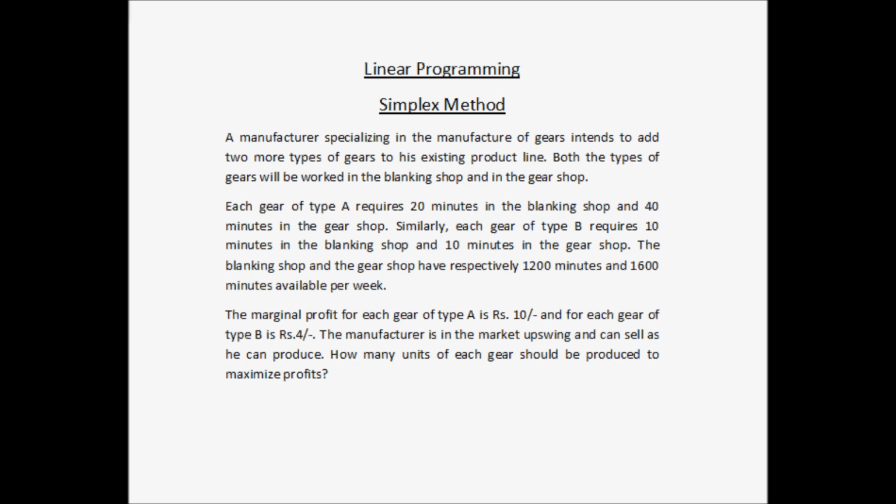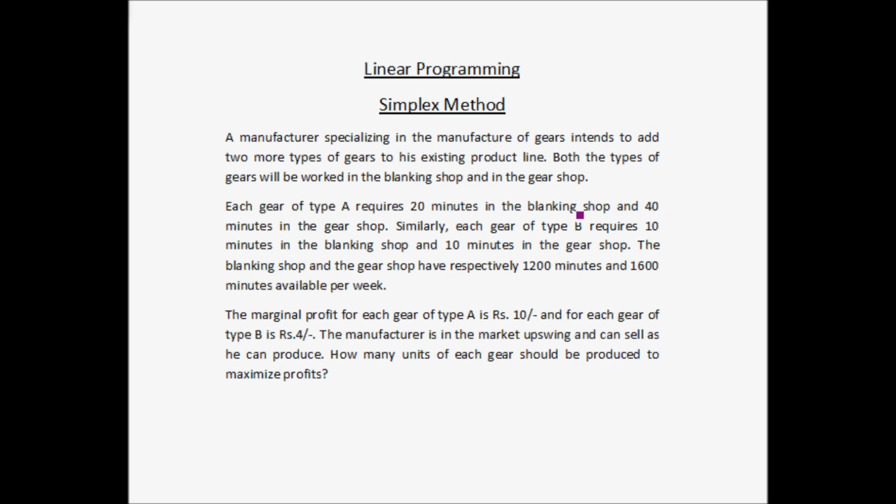So the example at hand is that a manufacturer specializing in the manufacture of gears intends to add two more types of gears to his existing product line. Both the types of gears will be worked in the blanking shop and in the gear shop.